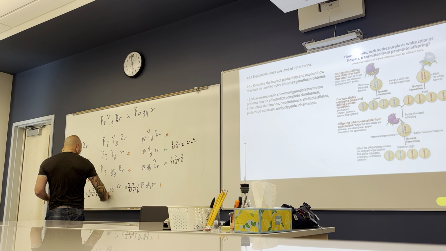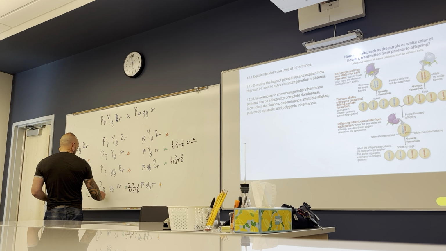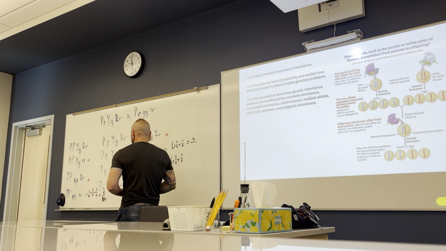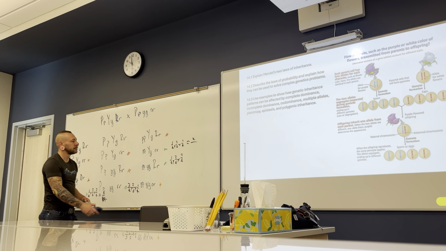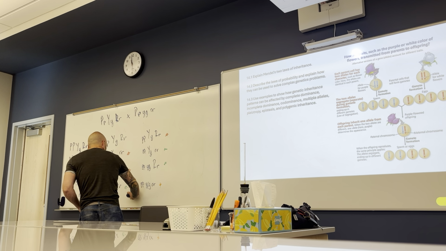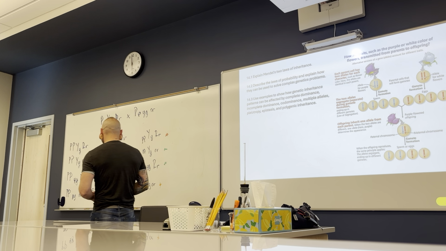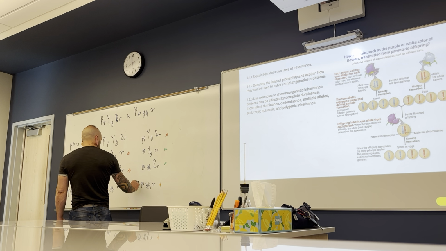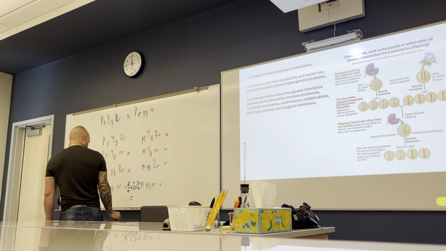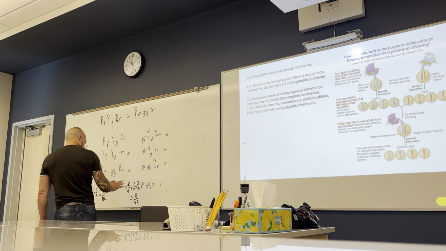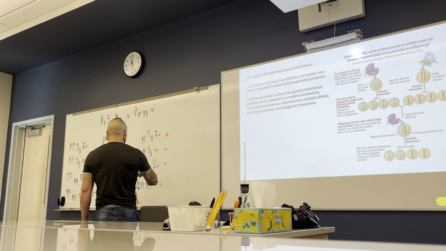64. This one too. So it's 2 over 4 times 2 over 4. 1 equals 4 times 2 is 8. 64. This one is also, let's see here.